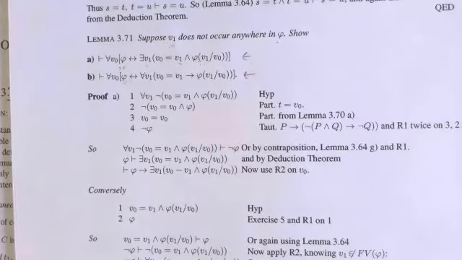Okay, so someone asks, are the bits that I skip examinable? No, the bits that I skip are not examinable. What I'm going to do towards the end is produce a comprehensive list of pages, lemmas, and things that can be omitted.